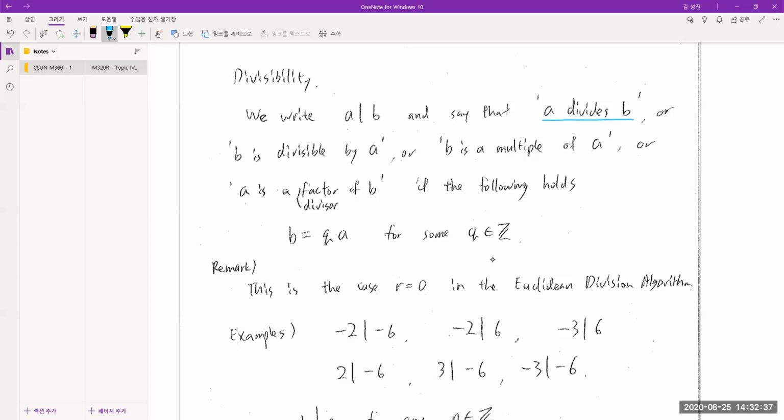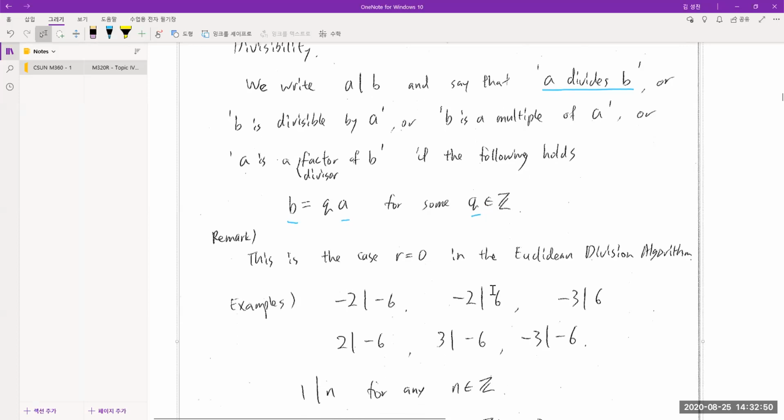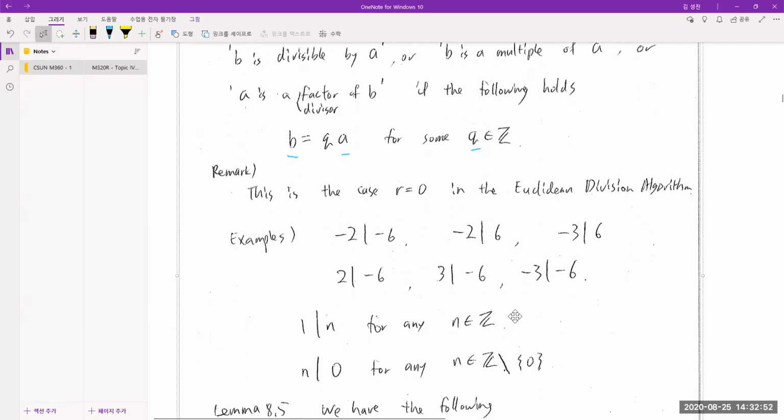And the definition of this is being able to write down the integer B as Q times the integer A for some Q. Okay. So this is the case R equals 0 in the Euclidean division algorithm. When the remainder is 0, we say that B is divisible by A.